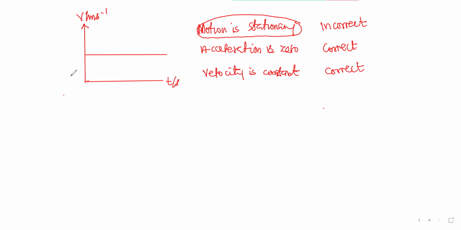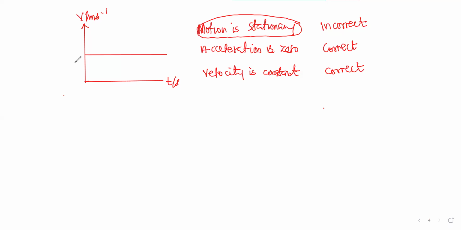And if the body is moving with a constant velocity, its acceleration is 0. So if you have a velocity time graph and the gradient or the slope is 0, it means acceleration is 0, because the slope of a velocity time graph gives you the acceleration.